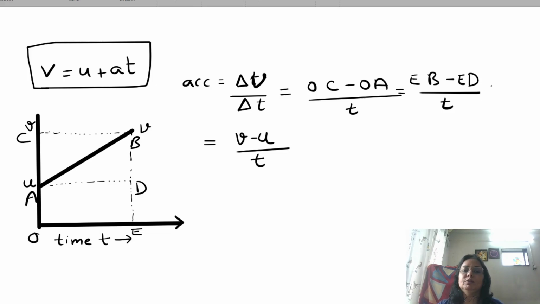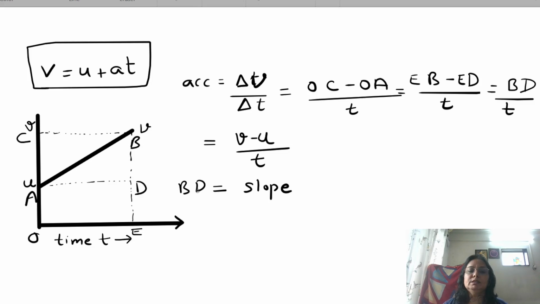This is nothing but equal to BD upon time t. This is time t here on the x-axis. Now this is nothing but equal to slope. BD upon t is equal to the slope of this line AB.